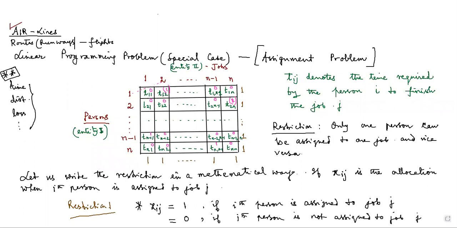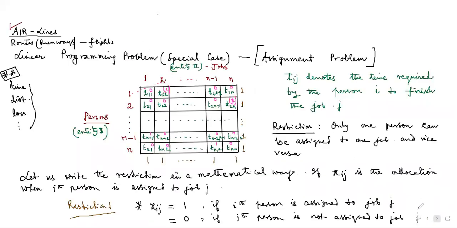What is the other restriction? The other restriction comes from the row summation. You add all these figures, 0 plus 1 plus dot dot plus 0, 0, you get 1. You take all these row sums, you will get 1. Not only this, if you take these column sums, you will get 1. So I'm going to write it in a mathematical way.